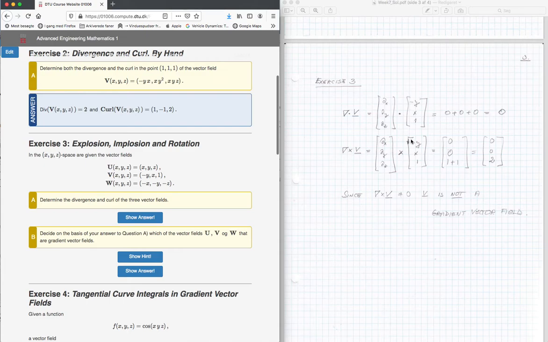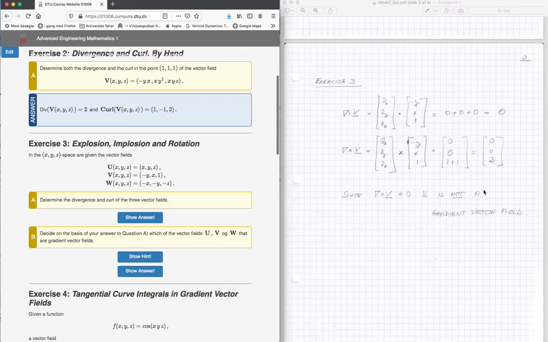Whereas the cross product, again, dy of 1 is 0, dz of x is 0. So you get a 0 here. Similarly, you get a 0 here. But for the last one, you get ddx of x. This is a 1. And then minus ddy of minus y, and that is 1.